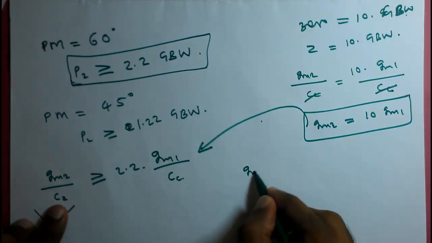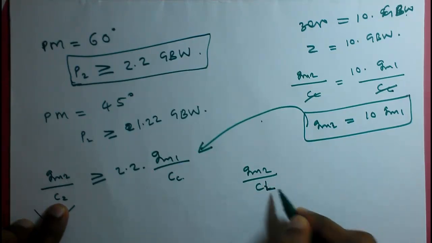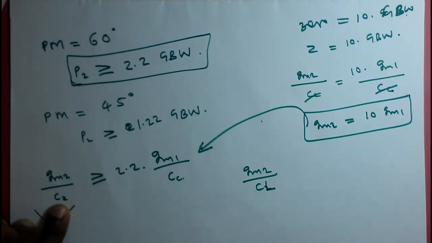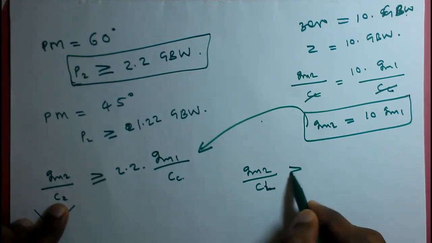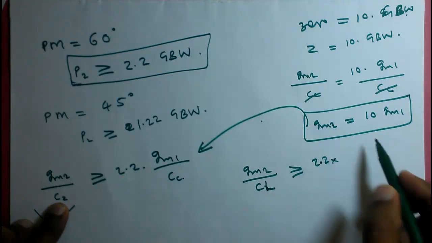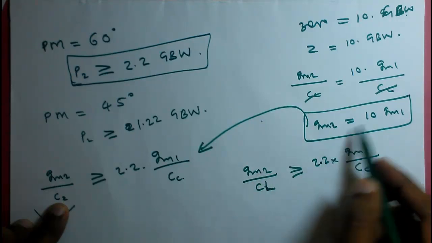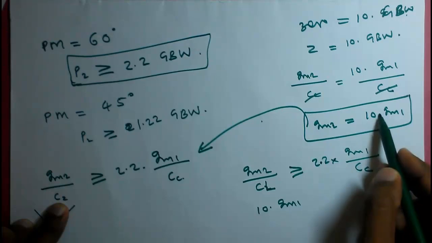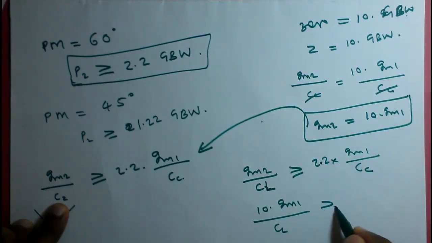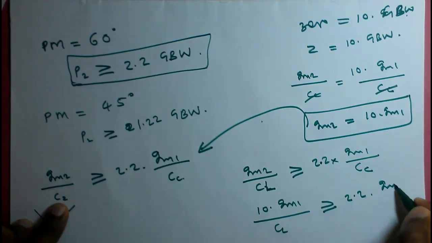And we can substitute this value here. In that case we will get GM2 by C2. We said that C2 will be CL. By C2 we mean the capacitance of the second stage, but actually it will be the load capacitance. So we can replace C2 by CL. So GM2 by CL should be greater than or equal to 2.2 times GM1 by CC. But GM2 we can replace by 10 times of GM1, which we got from here. So 10 GM1 by CL should be greater than or equal to 2.2 times of GM1 by CC.